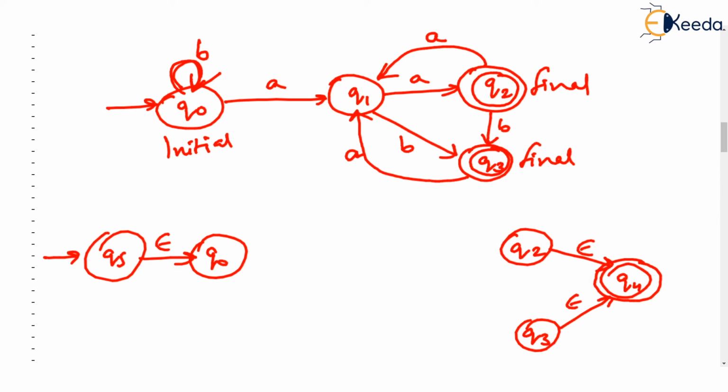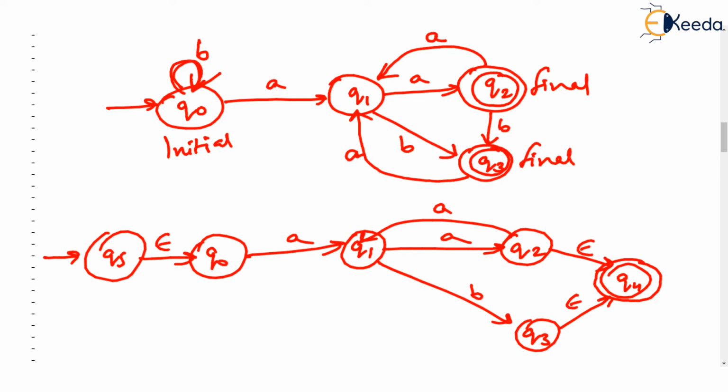Except for this, everything else remains the same. All the transitions remain the same. So this is the pre-processed FA that we have got, which we will feed to the state elimination method to get the regular expression. Let's meet in the next video and find out the state elimination method.